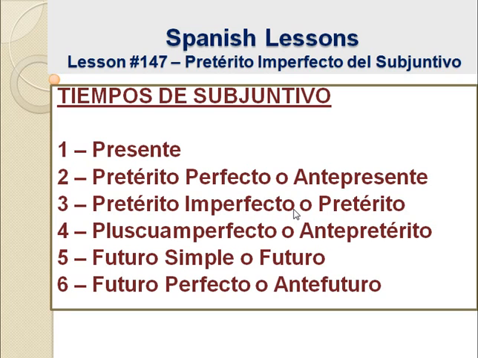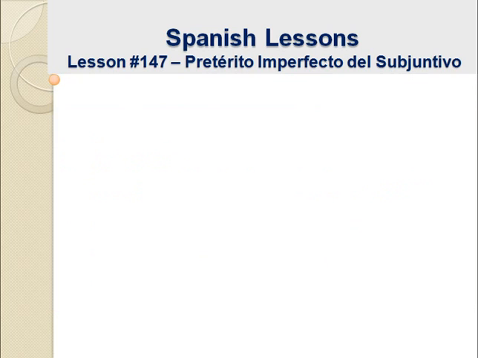And whenever we want to refer to the modo subjuntivo or subjunctive mode, we specifically mention it, right? Like, for example, we say presente del modo subjuntivo or futuro simple del modo subjuntivo, okay? Okay, now let's get into the topic and let's start conjugating in the pretérito imperfecto del modo subjuntivo.